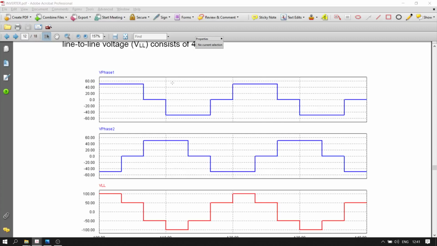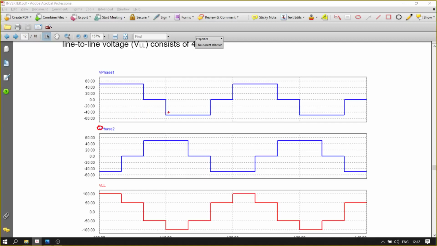So if you look closely, is there any symmetry that the waveform has in this position? This is 0.